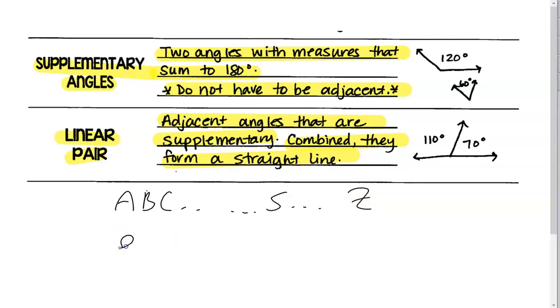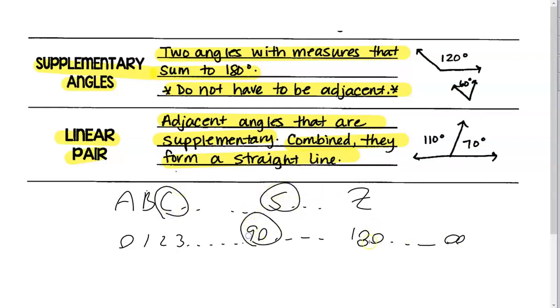Let's say if we start at 0, you'd have 1, 2, 3, you would keep going. Then you would have 90, and you would keep going, and you can go to 180. And eventually, right, you would go to infinity. Well, notice that C comes before S, and 90 comes before 180. So that's the way I always remembered it. Complementary angles are 90 degrees, and supplementary are 180, because C comes before S, and 90 comes before 180.